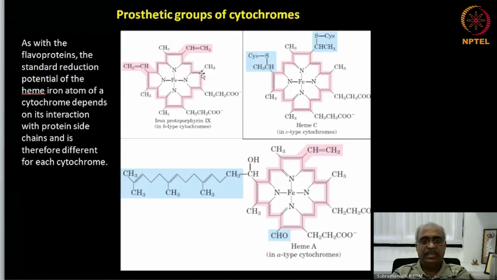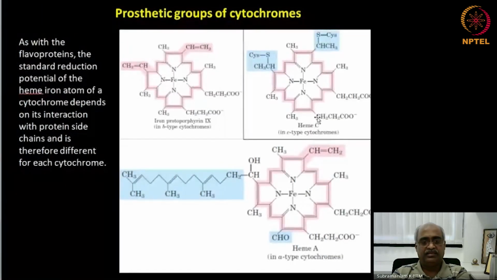And they vary a little bit. For example, this is covalently attached. This has a long isoprenoid hydrophobic side chain. And this has two double bond structures in B type. This is protoporphyrin 9, this is heme C, and this is heme A. Slight variations in their structures.